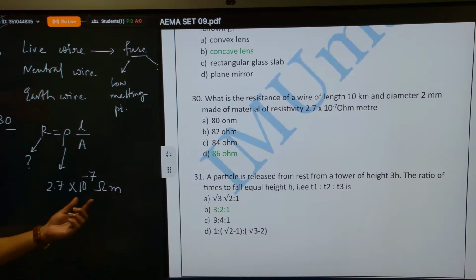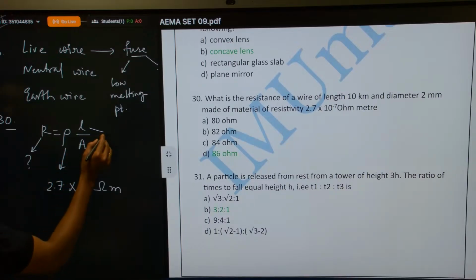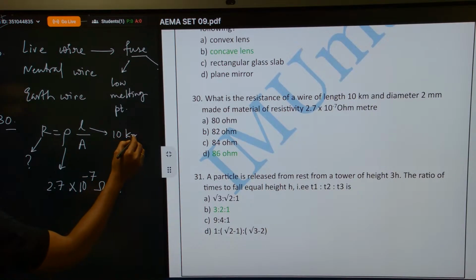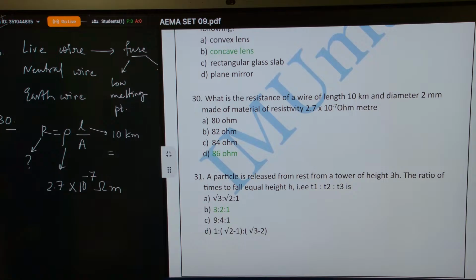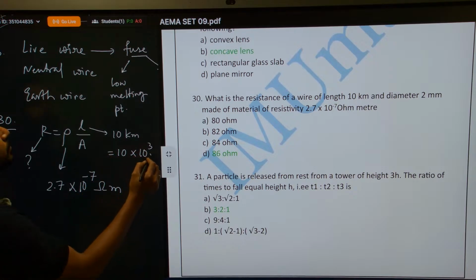Now it is good because both are in SI. What is the length? 10 km. How much in meter? 10 to the power 3. 1000 meter means 1 kilometer. So 10 into 10 to the power 3 meter.